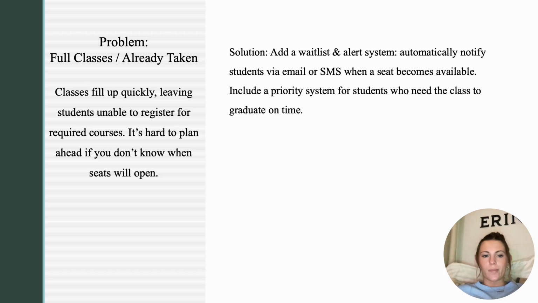I think this one's pretty smart because, say you see something you like for sale, like a car, you could get a notification like, oh, the price dropped or something similar. That's what I'm trying to say. Let them know, hey, there's a spot open if you want it. I think that's a lot easier for us to not have that scheduling conflict, where you really need to take this class but you can't because it's filled.